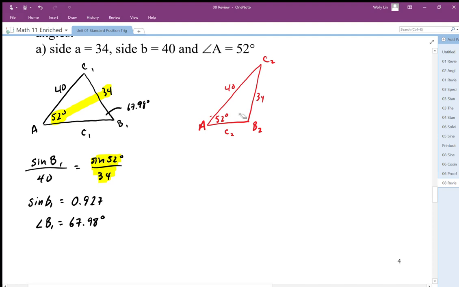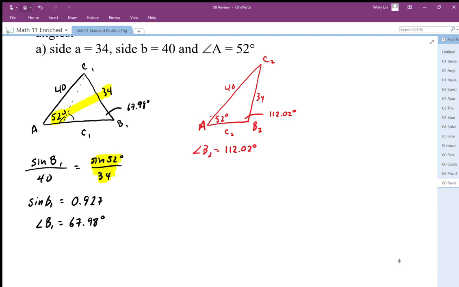This angle in here is a supplement to that, because we know that as we make our isosceles triangle, this angle in here represents B2. So if I subtract from 180, I end up with B2. My angle B2 is equal to 112.02 degrees.